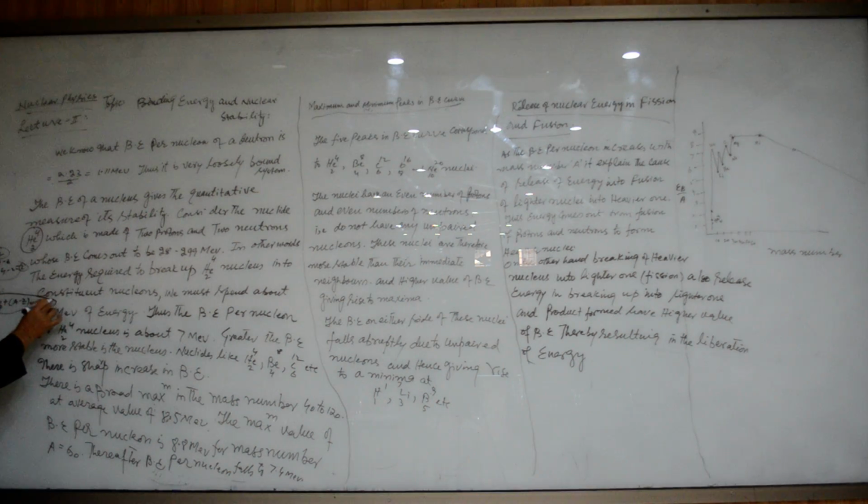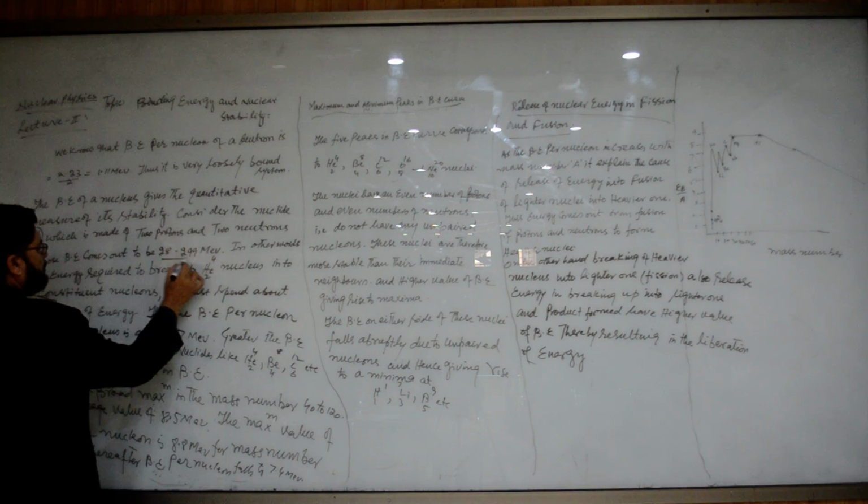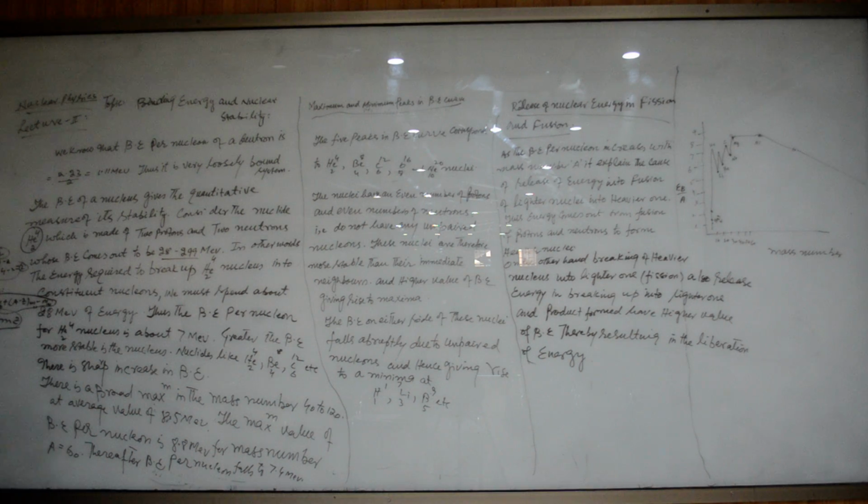Now according to the equation E equals delta m c square, multiply the mass defect with c square and you will get the binding energy. The binding energy of the helium nucleus comes out to be 28.299 MeV. How is it coming?